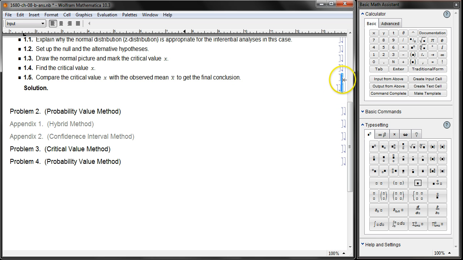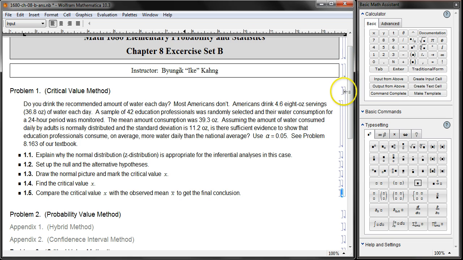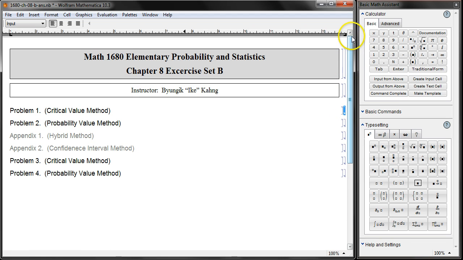Be careful. Maybe not all instructors would. Some instructors may prefer a little bit more formal language. Well, in that case, you simply have to follow that. In my class, I'm far more interested in mathematics, the theory behind it. So the conclusion part is not that much of a problem.